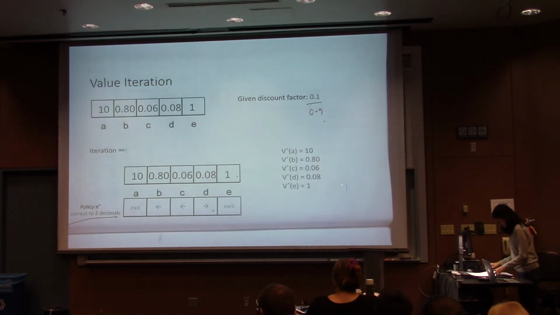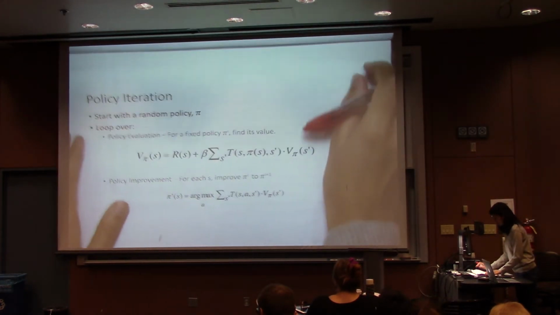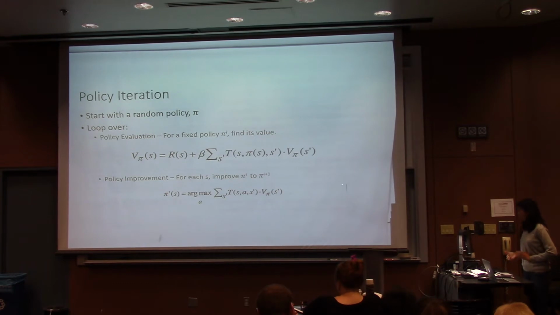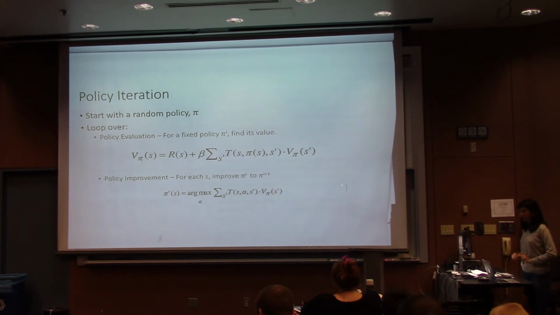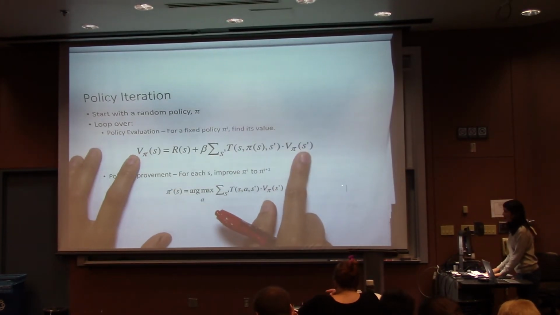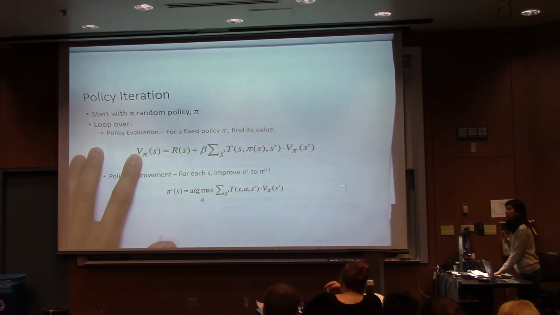Okay, so let's look at policy iteration. For policy iteration, you start with a random policy, then you do two steps, policy evaluation and improvement. You do these two steps until the policy converges. The equation that you see here remains the same as before.